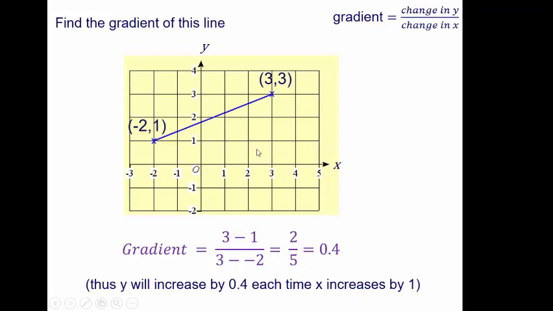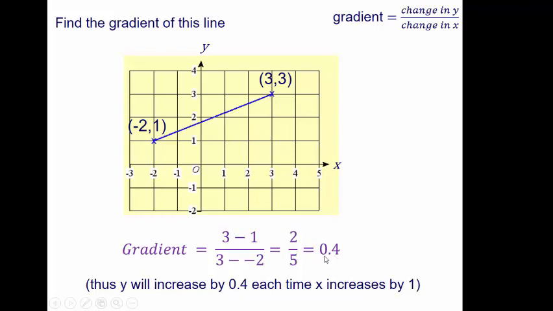Or we could subtract the original value of x from the new value of x. So we ended up at 3, and we started at -2. So we say 3 minus -2, and when we have a double minus like that, it's the same as adding. So it works numerically as well as counting squares. Counting squares is definitely easier.